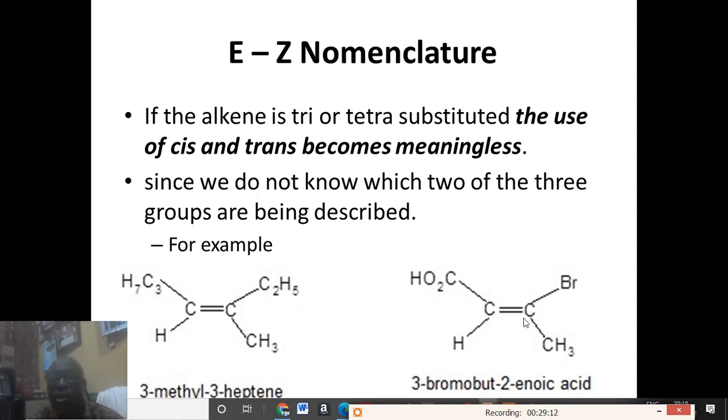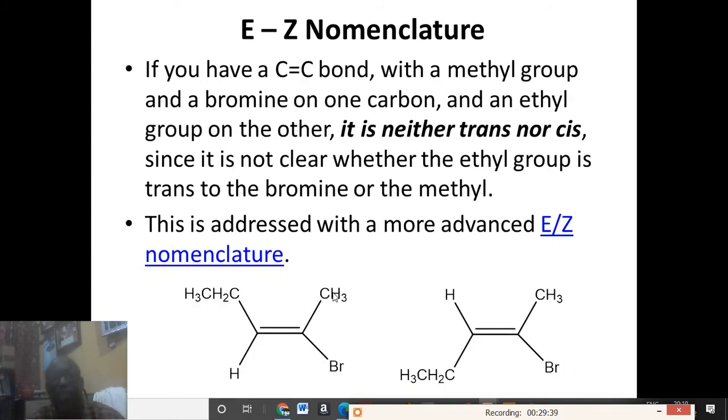Also, if you examine 3-bromobutenoic acid, you have carboxylic acid, bromine, and methyl around the carbon-carbon double bond. So which of these two do we say is cis? Which one will be trans? Because of this situation, the E-Z nomenclature was designed.